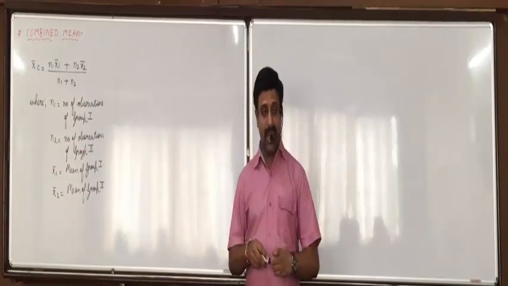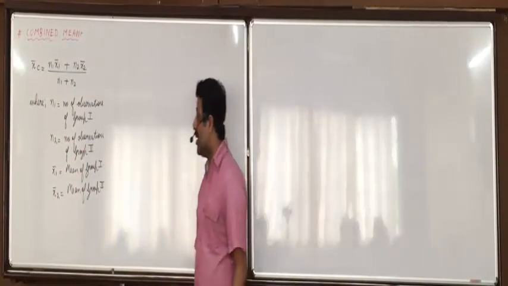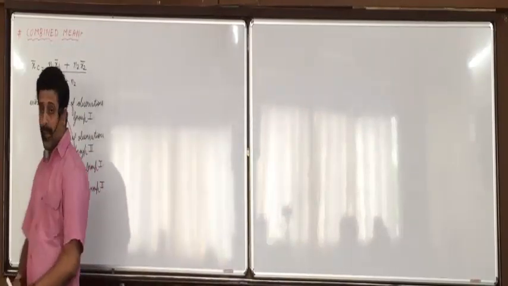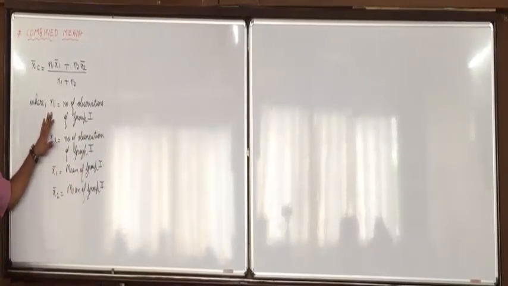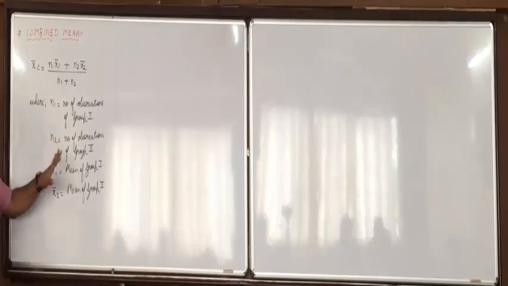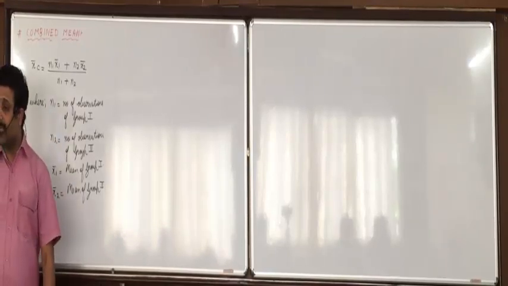So the mean marks of boys, which is 30, would be X1 bar. Mean marks of girls, which is 20, would be X2 bar. Number of boys, let us say out of 50, there are 20 boys, then N1 is 20, and there are 30 girls, then N2 is 30. Is everyone clear with this?